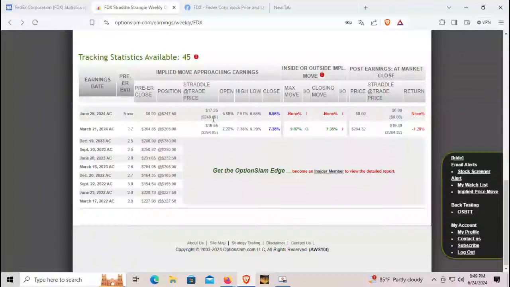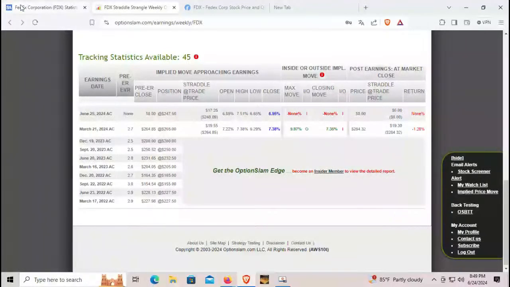So right now it's already 8 points above this play. So they probably posted this a little bit too early, probably over last week or over the weekend. I don't know why they picked the 248. They're saying the price right now is 1725. So they're expecting 6.95 for the movement of the earnings. So you see how it goes.